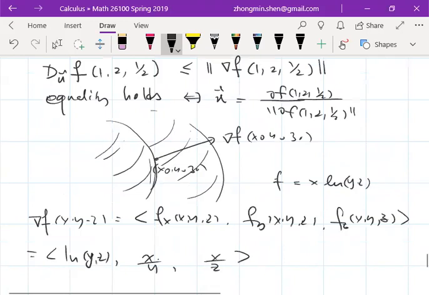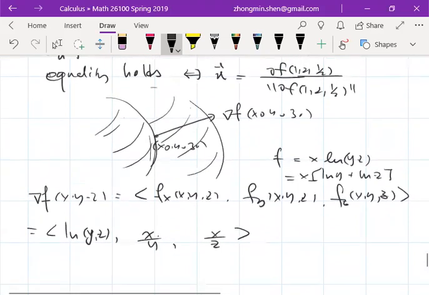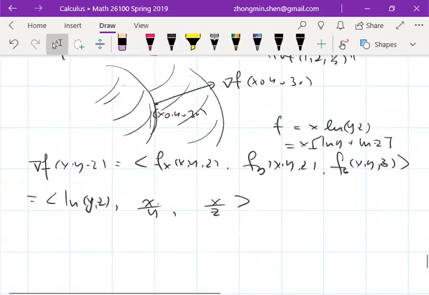Now, why did the yz disappear? Because this is x times natural log of y plus natural log of z. So when you differentiate with respect to y, only the natural log of y shows up, it's 1 over y. So this is the gradient at any given point.